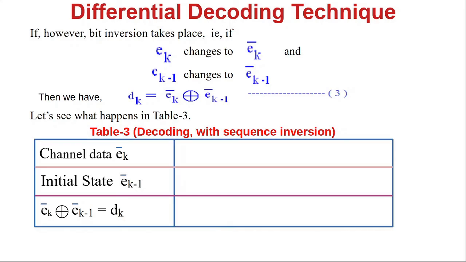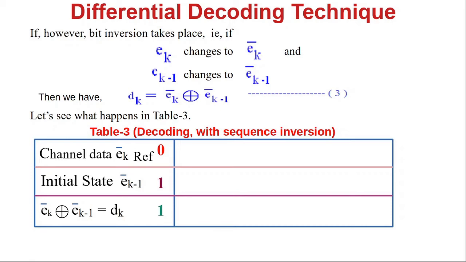Now considering table 2, here first bit for the channel data will be 0 and initial state will be 1. So dk will be 0 exclusive or 1, that is 1.